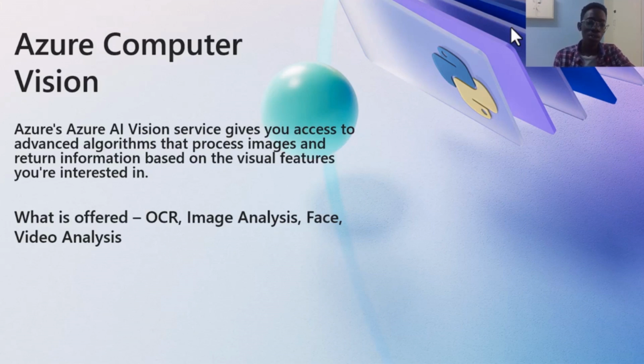You can use the Read API to extract printed and handwritten text from photos. The particular algorithms used for this service are deep learning based models and work with text on various surfaces and backgrounds.